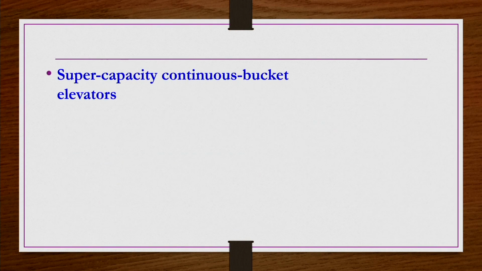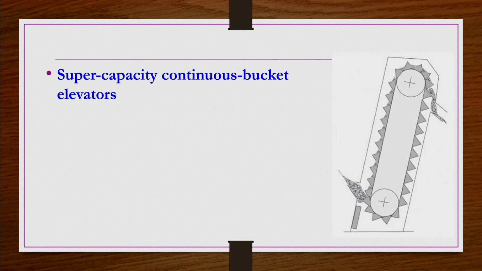These are suitable for pulverized or aerated materials. Then supercapacity continuous bucket elevators are quite similar to continuous bucket elevators, the only thing is that here we have an inclined design, so that a large amount of material can be comfortably transported to the discharge point.